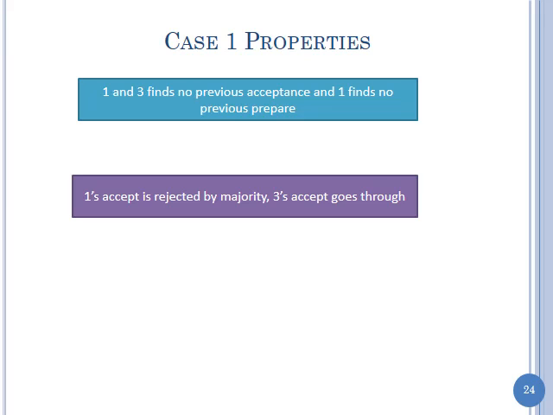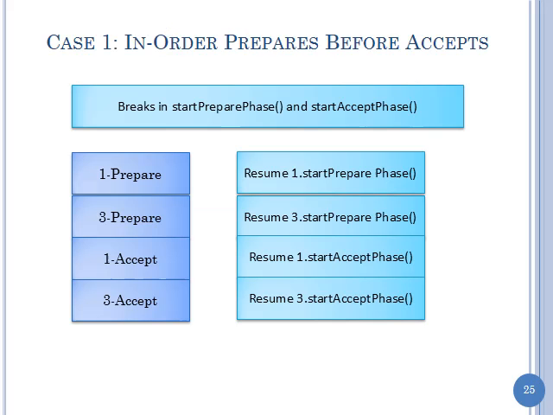They will find no previous acceptance, and 1 will find no previous prepare. 3 will find a previous prepare, but its proposal number will be higher than 1's prepare, so its prepare phase will also succeed. Because its prepare phase succeeds, 1's accept phase is rejected, but 3's accept goes through. So that's what we should see.